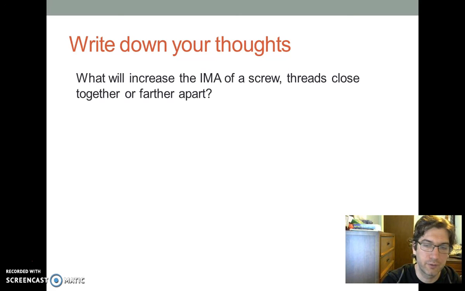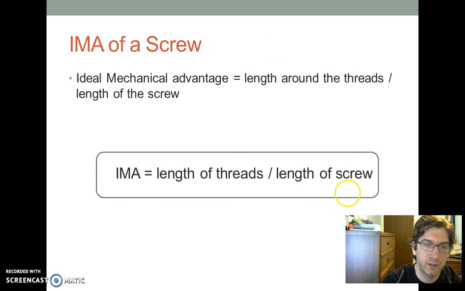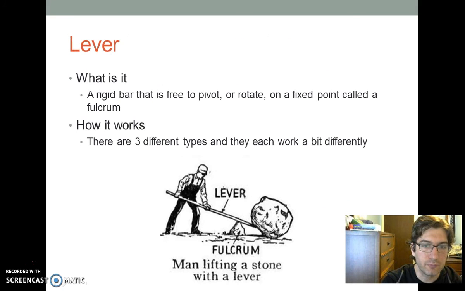Threads close together or further apart. Again, looking at our formula, length of the screw is going to determine how spread out those threads are. If I increase my denominator, then my ideal mechanical advantage goes down. If I decrease my denominator, my ideal mechanical advantage goes up. Just basic fraction work for those.